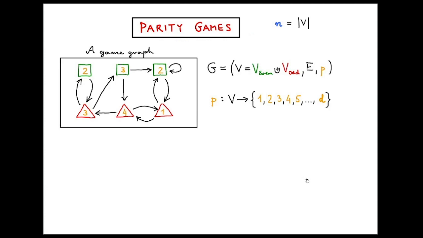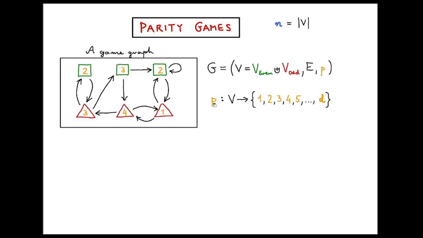So this model is very basic, very primitive in a way, and I told you that we will often focus in this tutorial on parity games, so let me tell you what a parity game is. Here is an example of a parity game which is played on this finite graph with 4 vertices, and what we often refer to as the winning condition, that set of infinite paths that are winning for one of the two players, here is going to be represented in a special way.